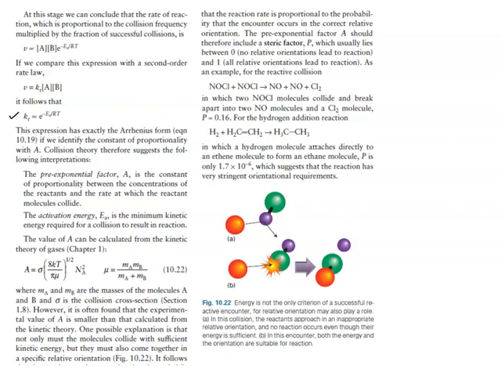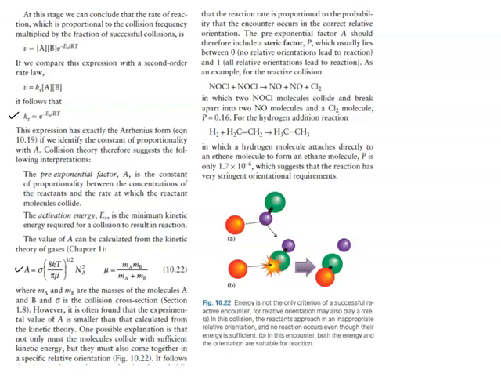The value of A can be calculated from the kinetic theory of gases in Chapter 1, shown here, but we've already done this, where m sub A and m sub B are the masses of the molecules of A and B, and omega is the collision cross-section.